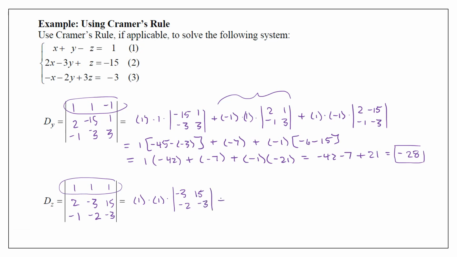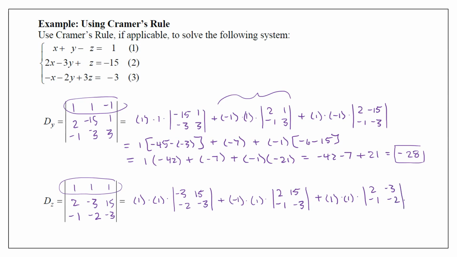Plus, this will be negative 1 times my entry, which is 1, times its minor, which is 2, negative 1, 15, and negative 3, plus 1 times 1 times its minor, which is 2, negative 1, negative 3, negative 2.